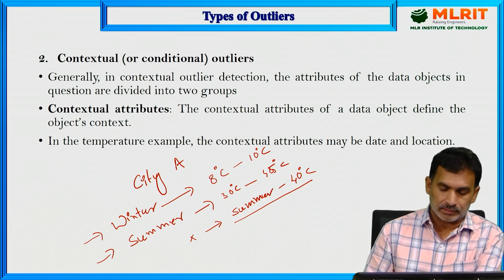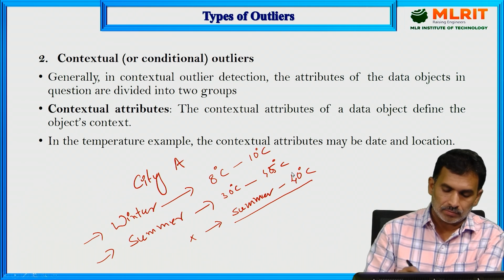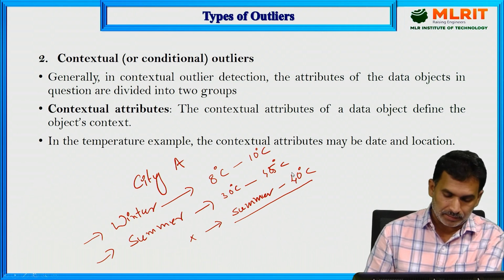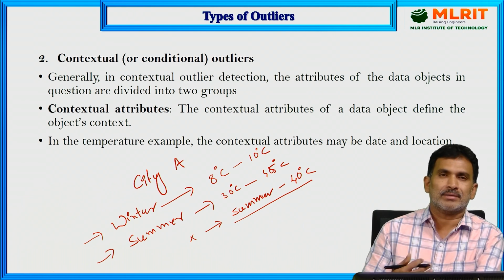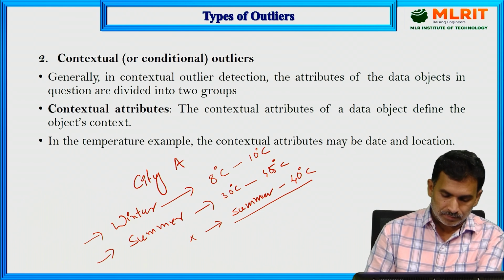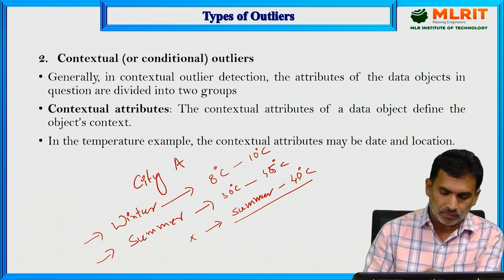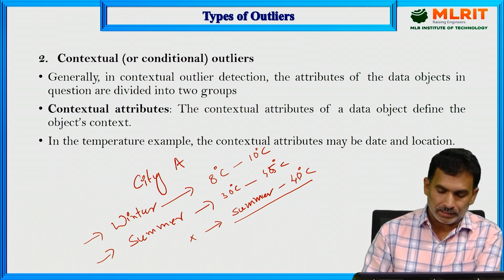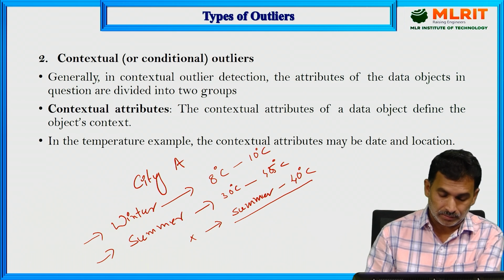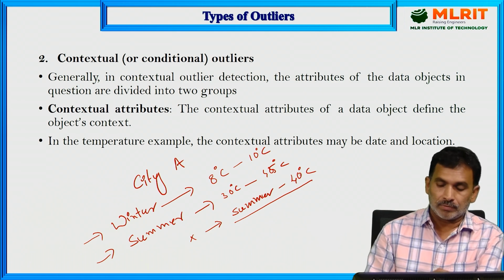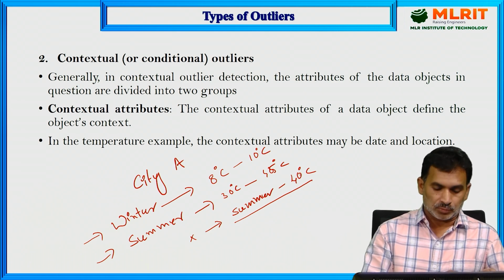If you plot this data and compare it with all the winter temperatures, and there is a value like 40 degrees Celsius, then this value significantly deviates from the rest of the objects.